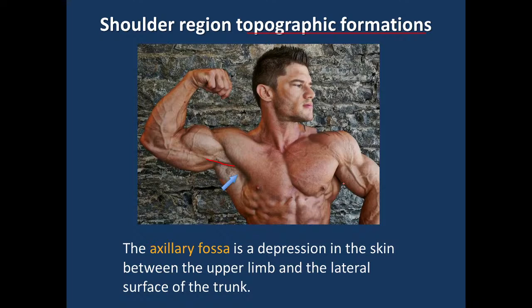And we start from the topographical formations of the upper limb, and the first one we call the axillary fossa. This is a depression in the skin. Usually it is visible when we abduct the shoulder, and this fossa is usually visible on the skin, and we call it axillary fossa.